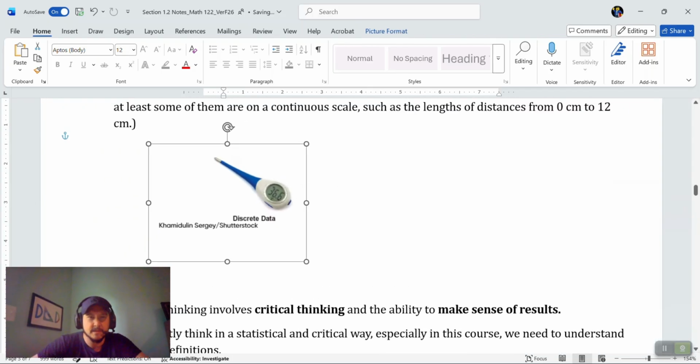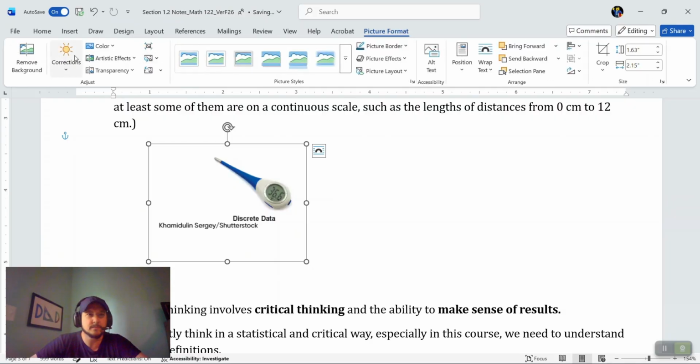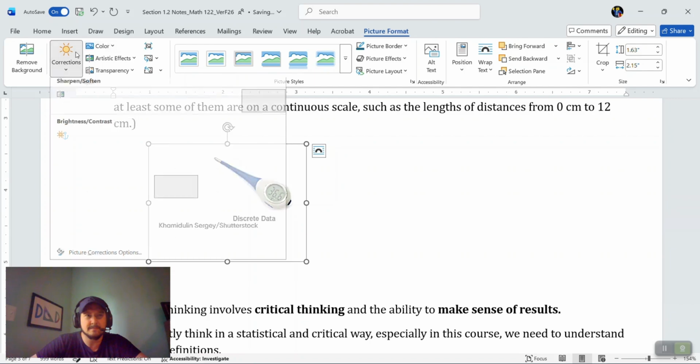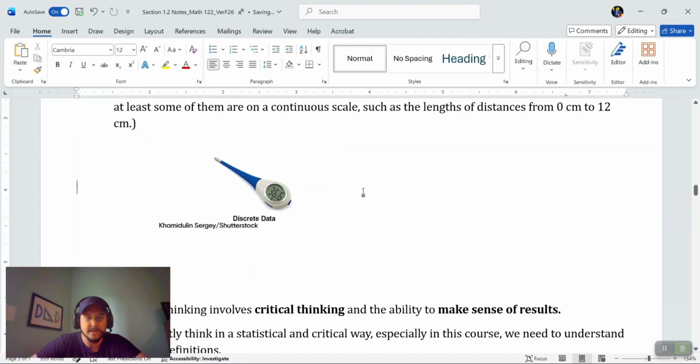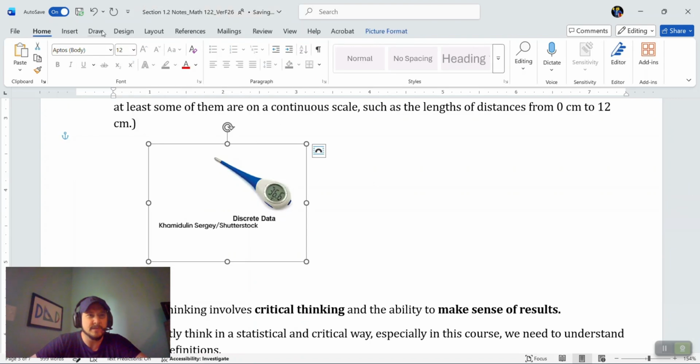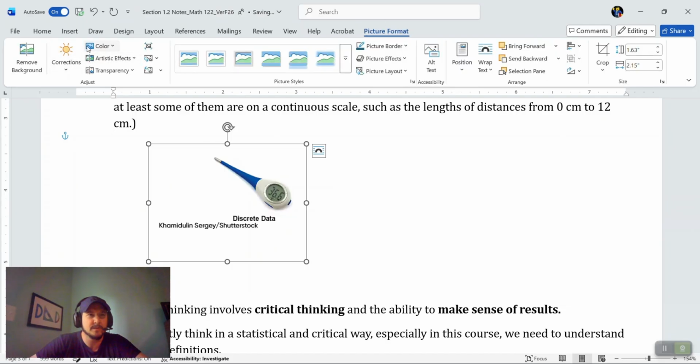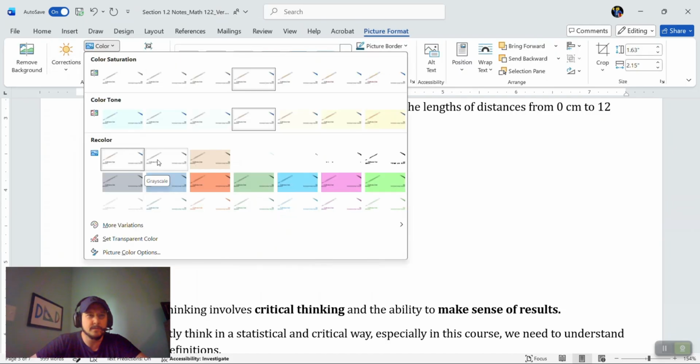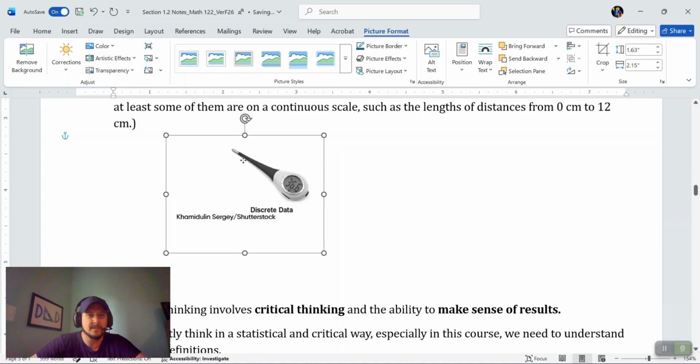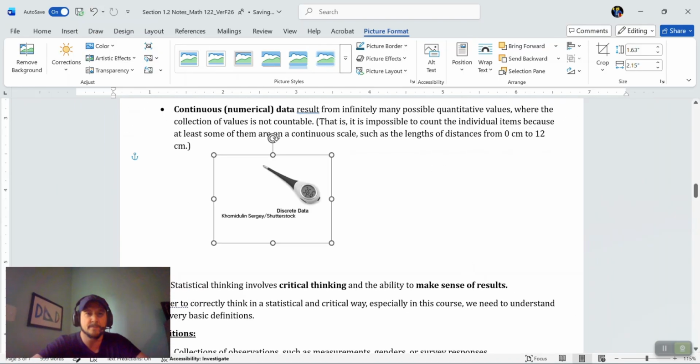Zoom in on that. Increase the contrast on this. Now it's looking a little grainy. Let's see what that looks like in grayscale for when we print it. Alright, that's not too bad. I'll leave it in grayscale.